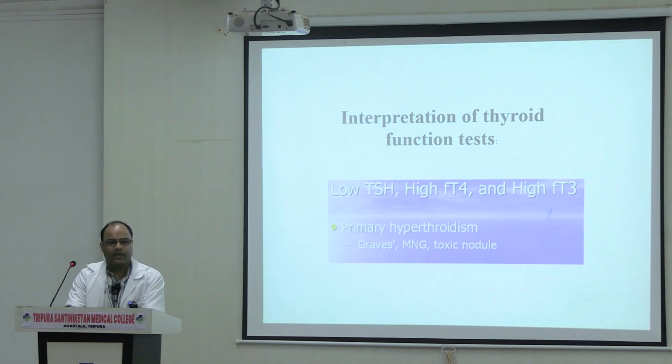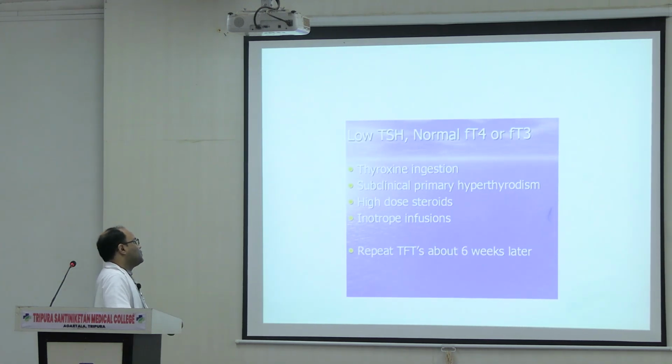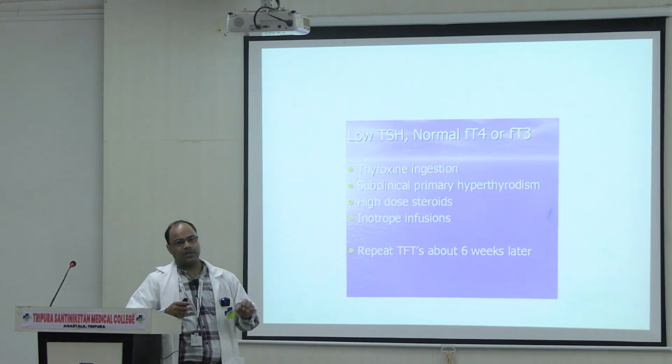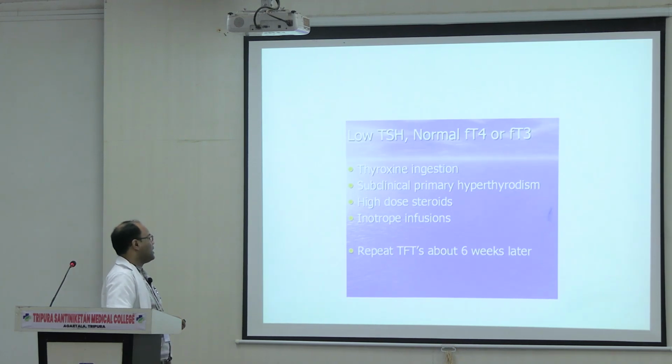Okay. Next, low TSH, normal FT3 or FT4. This patient is taking thyroxine hormone, or the patient is developing subclinical hyperthyroidism. Subclinical means the patient has thyroid dysfunction, but clinically they have no symptoms. Other causes are high dose steroids and inotropic infusions.